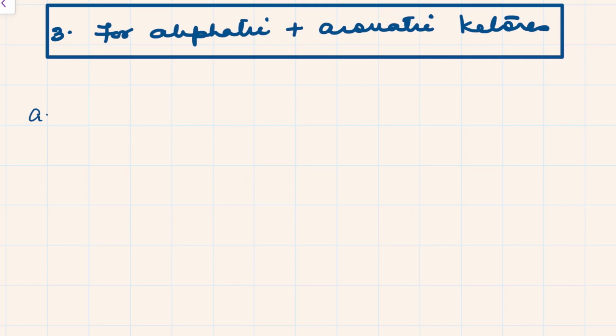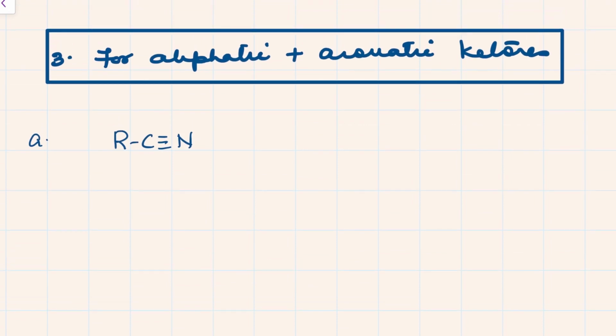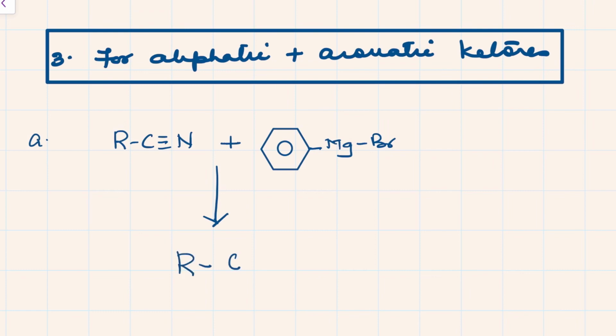The first one can be, we take nitriles. So we take RCN and we react it with phenyl magnesium bromide. There will be a nucleophilic addition reaction on RCN. So what you get is this adduct with an MgBr, right, and this gets your benzene ring.